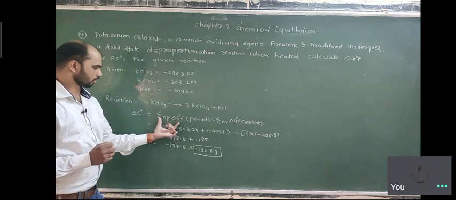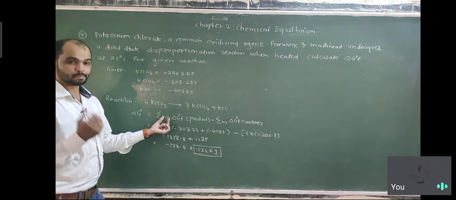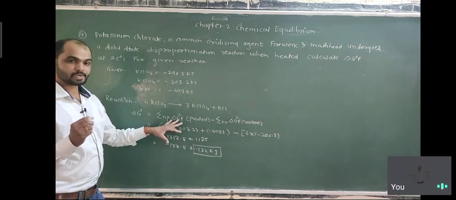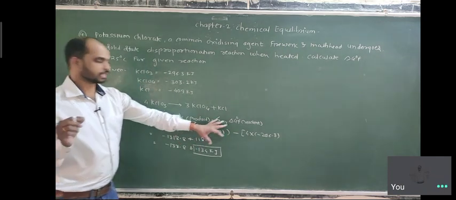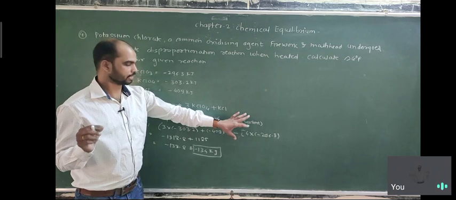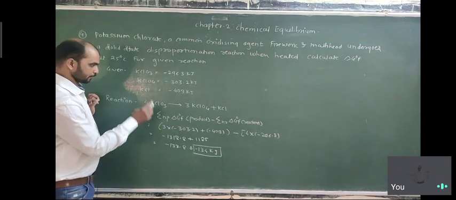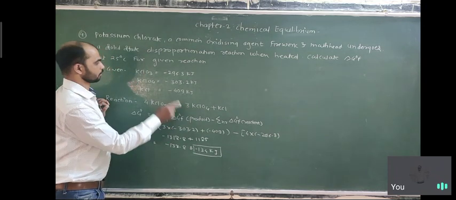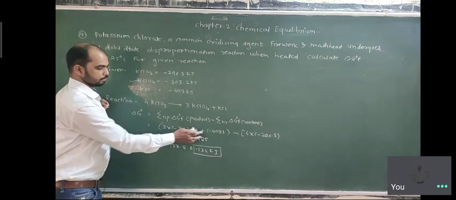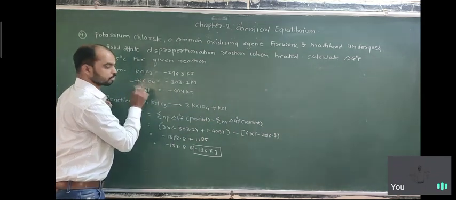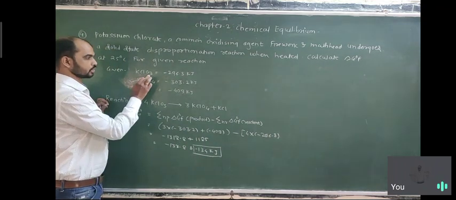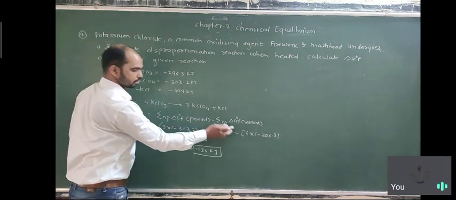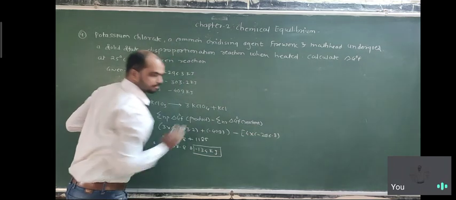So we use this formula: the summation of n times delta G of formation of products minus the sum of the Gibbs free energy of formation of reactants. Here on the product side there are 3 moles, so 3 times minus 303 for KClO4, plus KCl, which has value minus 409, minus KClO3 with value minus 296.3, and there are 4 molecules, so 4 into minus 296.3.